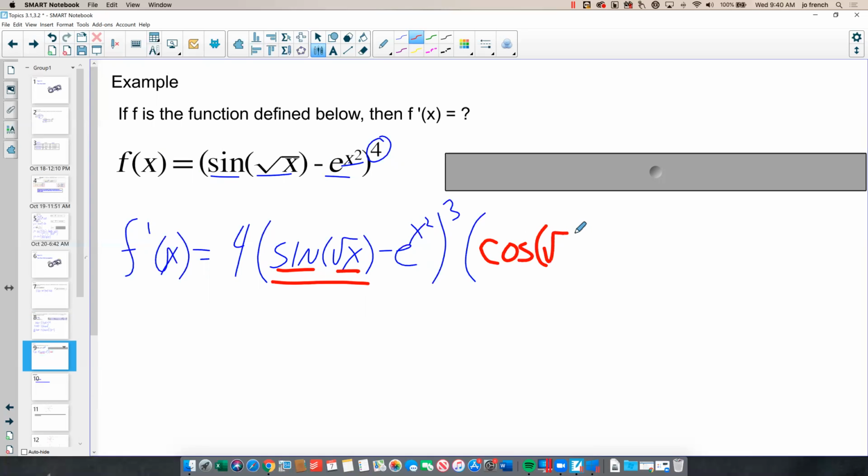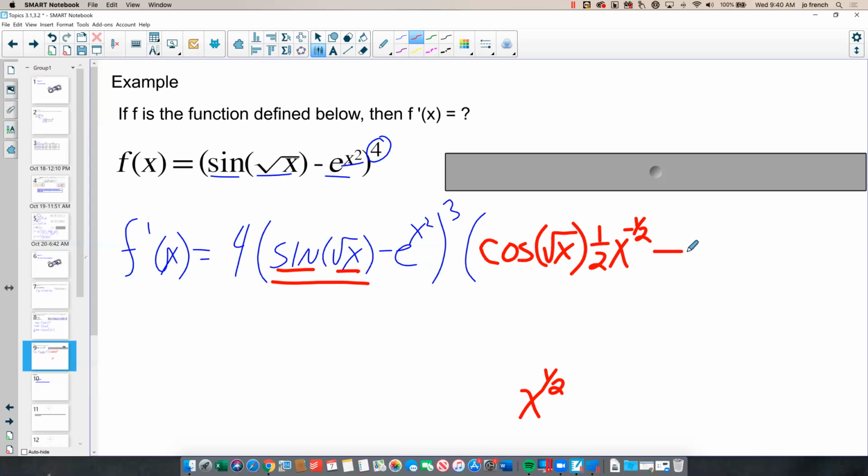Leave the inside alone, square root of x, and then I multiply by the derivative of the inside, where the square root of x is really x to the 1/2. And the derivative of x to the 1/2 is 1/2 x to the minus 1/2. So that's the derivative of the first term inside the parentheses.